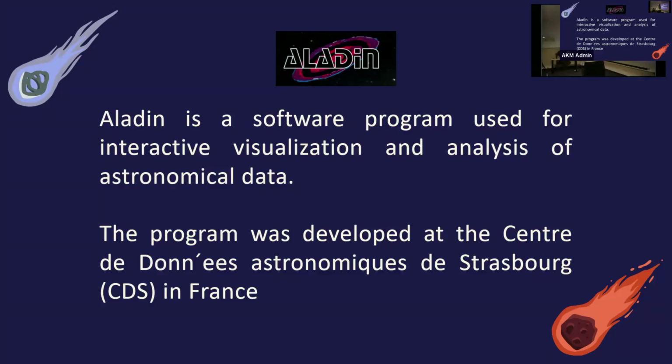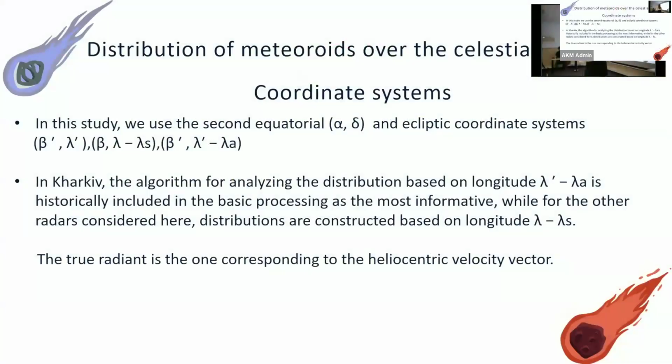For the distribution of meteor radiants over the celestial sphere, Aladin is a software program used for interactive visualization and analysis of astronomical data, so we used it for our data. In this study, we use the second equatorial alpha and delta and ecliptic coordinate systems.